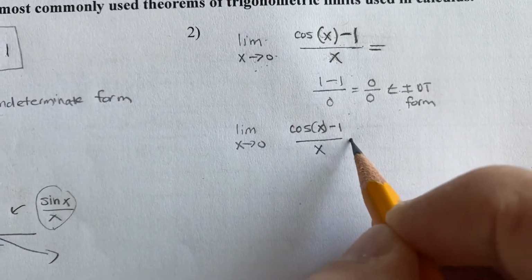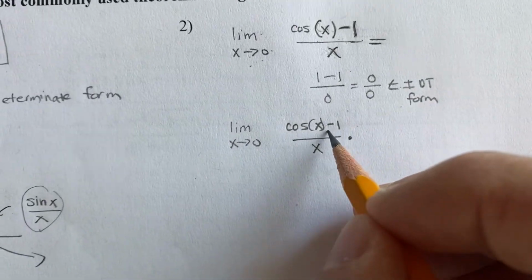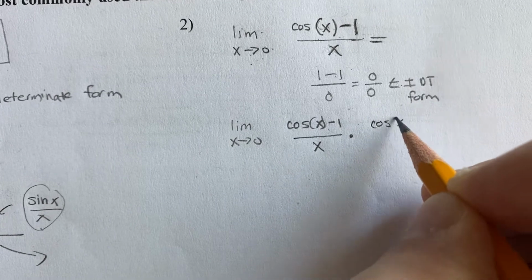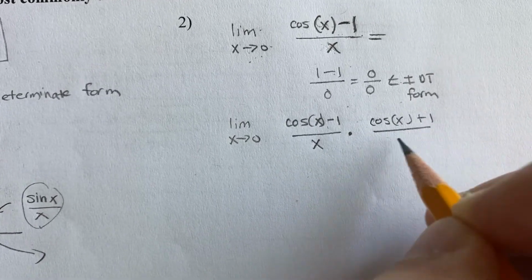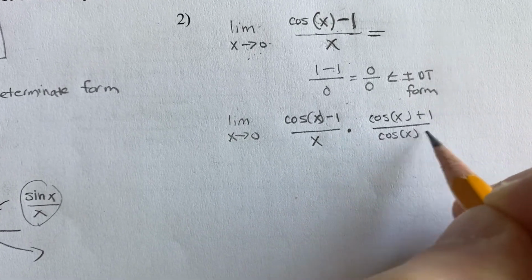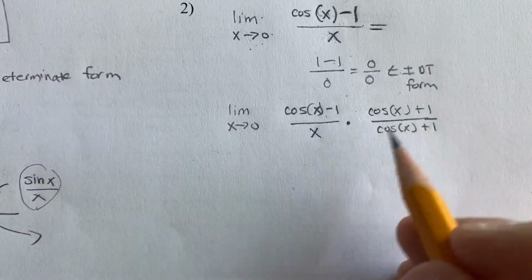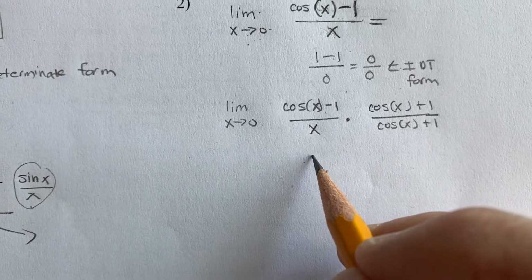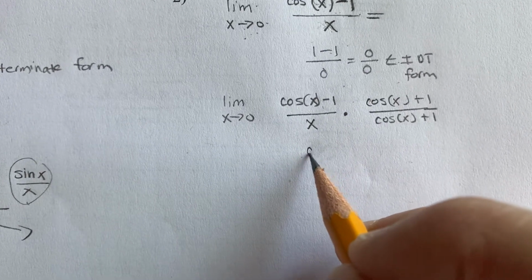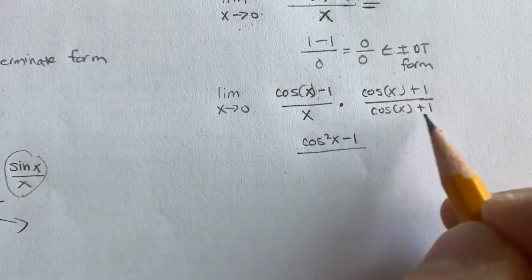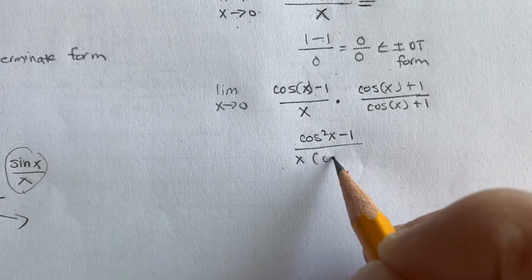I'm going to multiply by the conjugate of cosine x minus 1, which is cosine x plus 1. Multiplying by the conjugate, I'm going to get cosine squared x minus 1. And I'm not going to quite FOIL just yet.